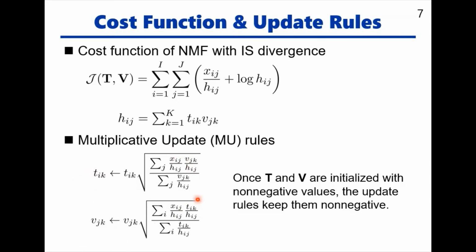A nice thing about these rules is that once the parameters t and v are initialized with non-negative values, the update rules keep them non-negative because these square root terms are always non-negative.